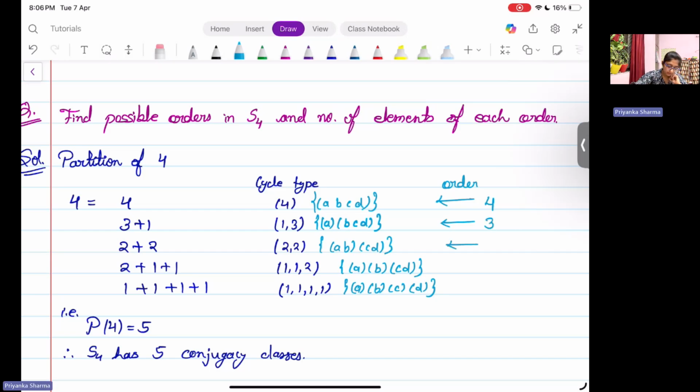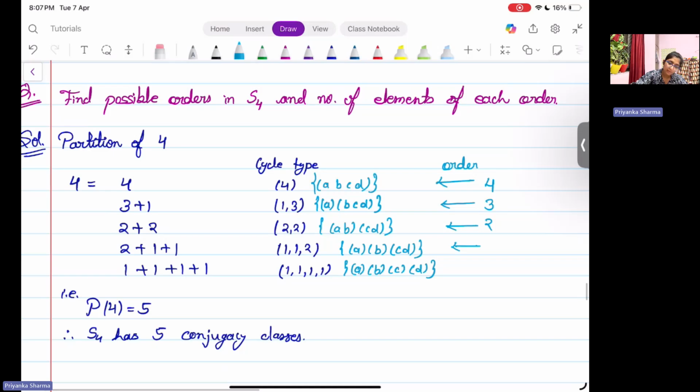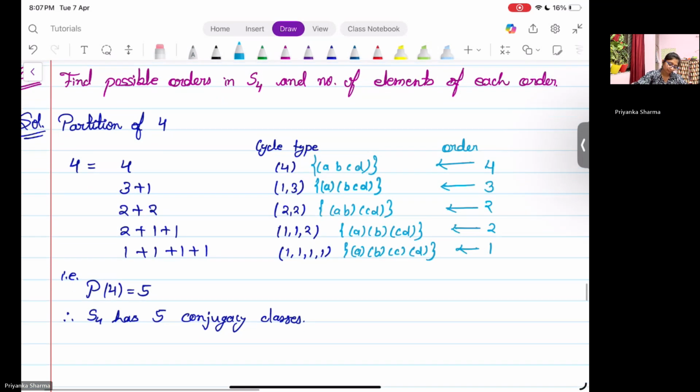Here, what is the order? Order of first cycle and order of second cycle, both are 2, and then we will take their LCM. So here order will be 2. Here the order will be LCM of 1, 1, and 2. That is 2. Here the order will be 1.